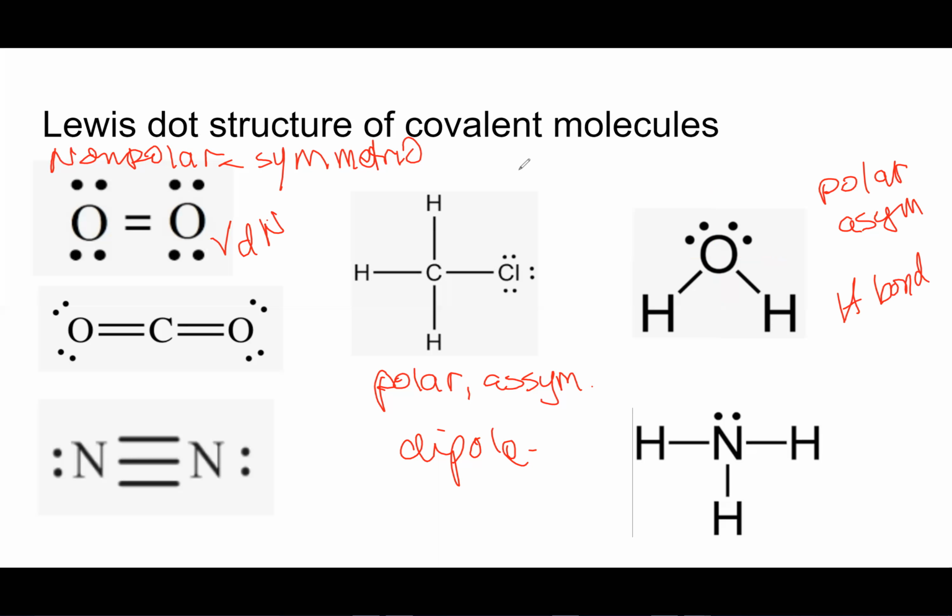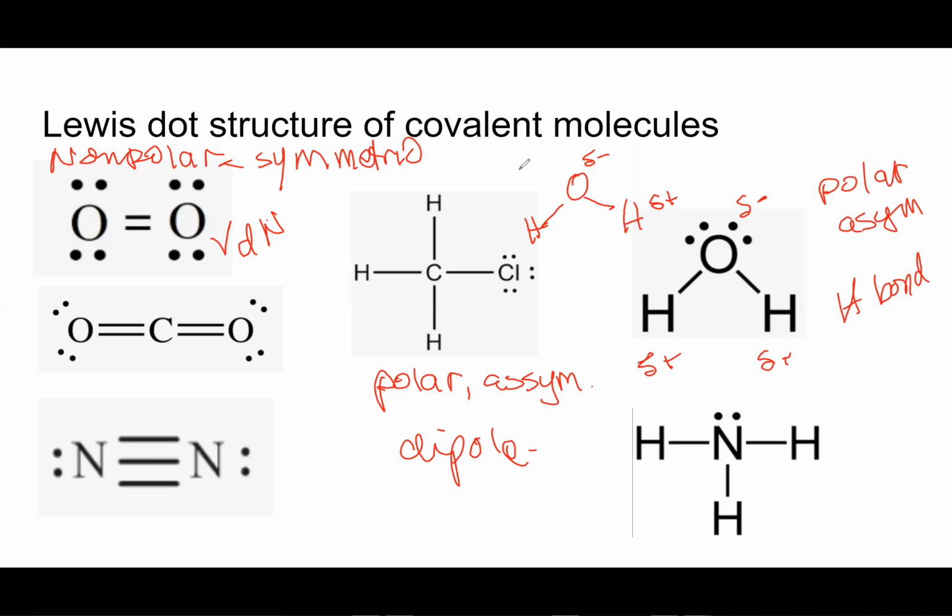Okay, and let me just show you super quickly. So this oxygen is going to have a partial negative charge. This hydrogen, both of them have a partial positive. So the next oxygen, partial positive, and then partial negative.